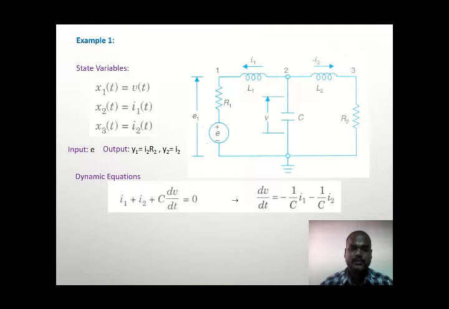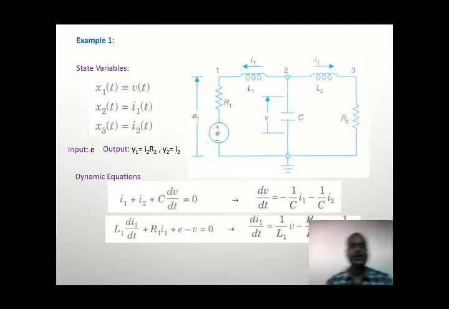The dynamic equation 1 reveals that the rate of change of voltage V across the capacitor C is equal to the division by capacitance C of the two currents I1 and I2.